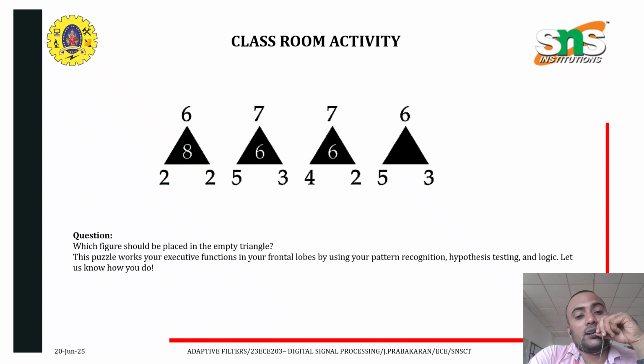Likewise, the value of the first triangle is 8, the value of the second triangle is 6, the value of the third triangle is 6, and find the value of the fourth triangle. You can answer me through the comments. We will discuss the next one.